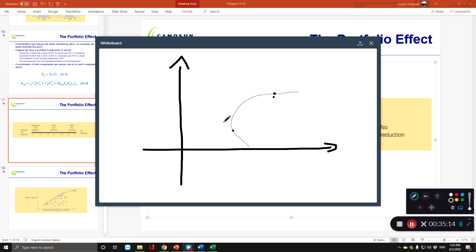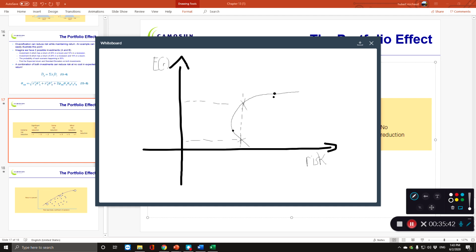Now this is interesting because we're going to find that some portfolios are strictly worse than others. Think about this portfolio here and compare it with this portfolio here. Which one would you prefer to get? Remember, this is expected return and this is risk. Well, look, the two portfolios have the same risk, but one gives you a higher rate of return for the same risk.